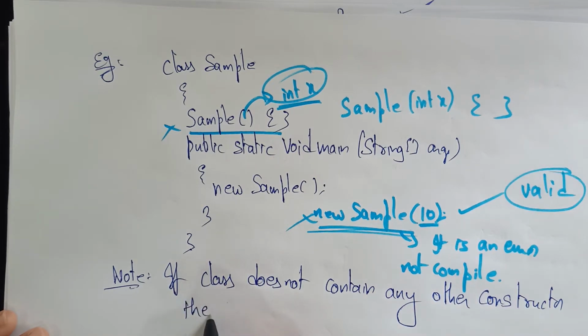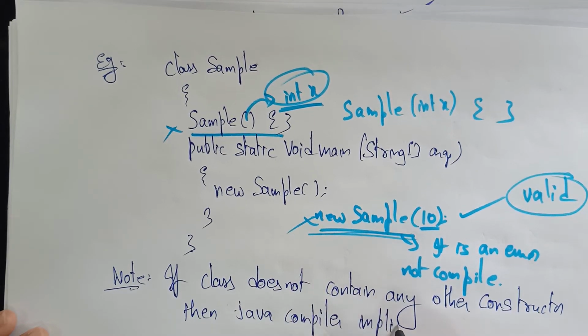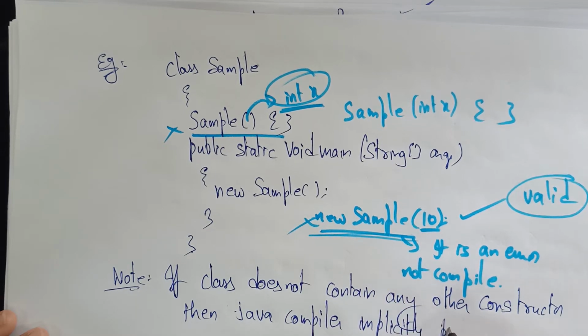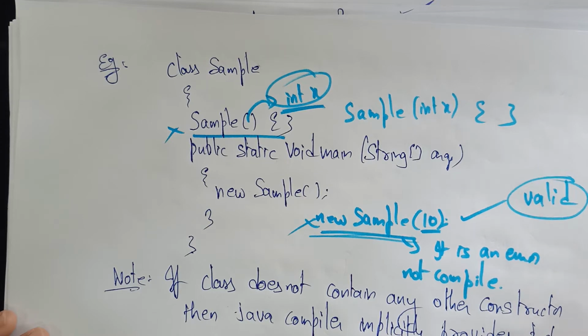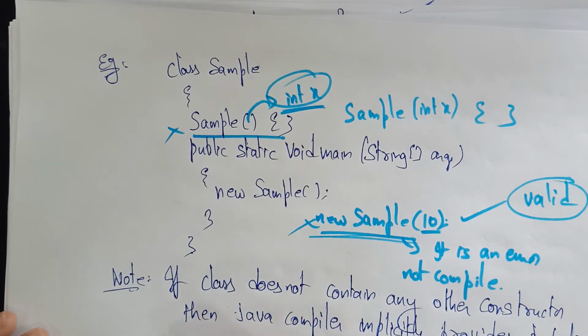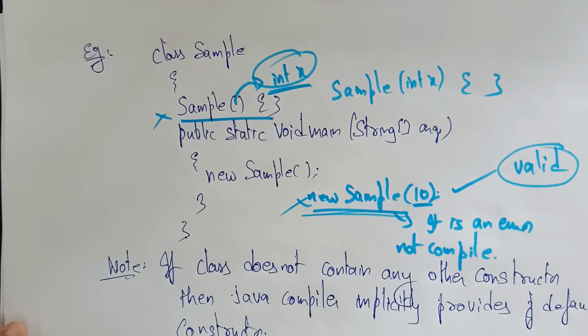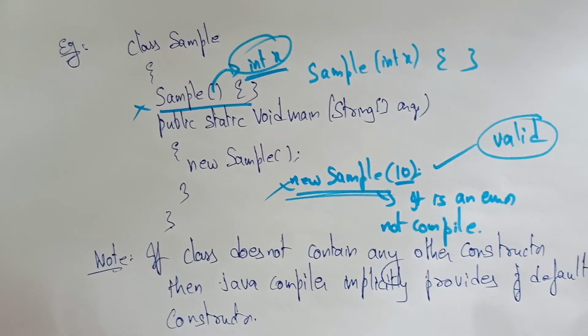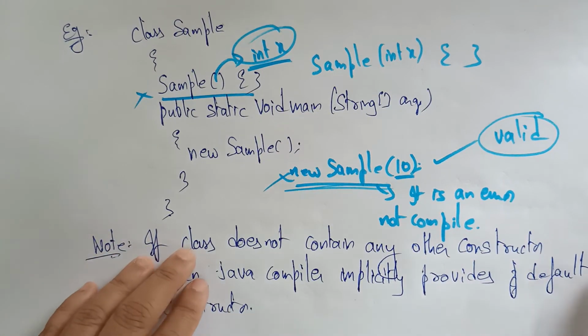This I already explained, again I am repeating. Okay, so don't worry about it. If a class does not contain any other constructor, then the Java compiler implicitly provides the default constructor. Okay, so now let's see the initialization block.